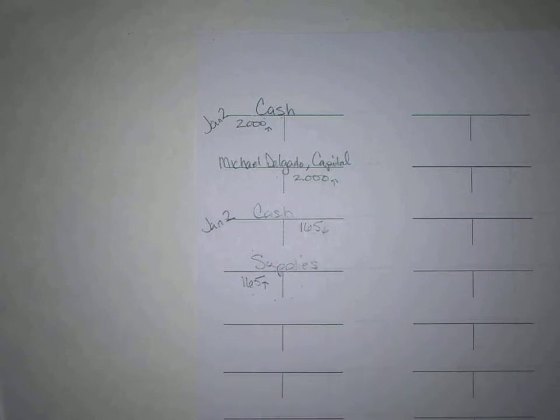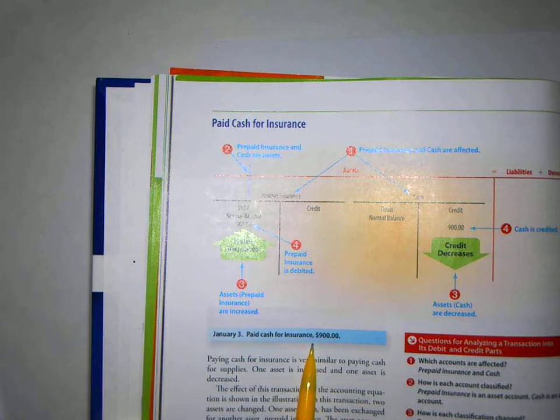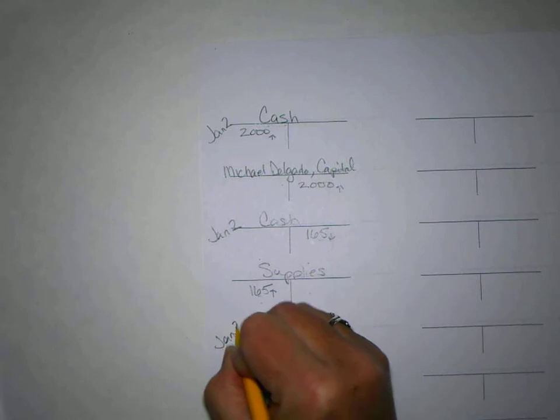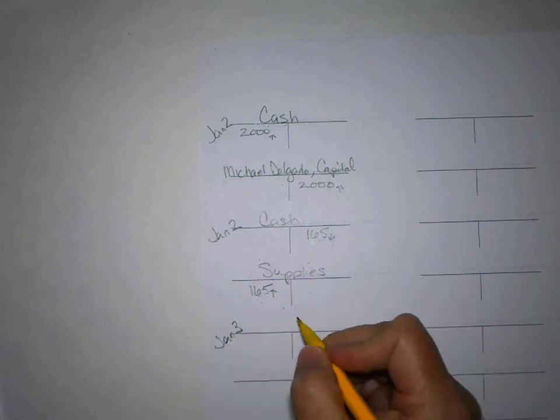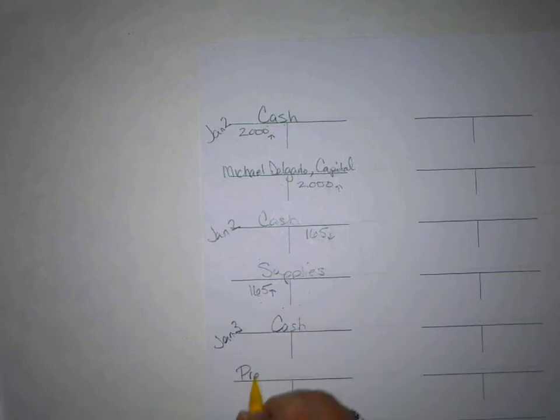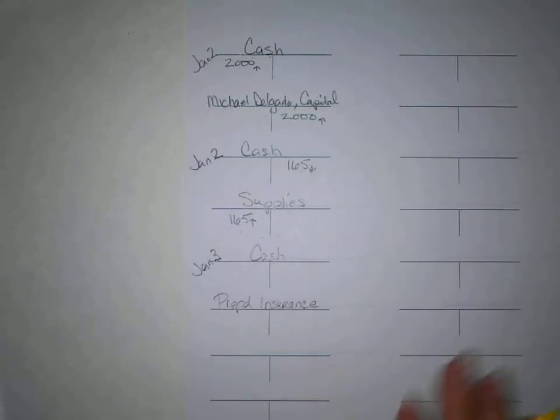Okay, next transaction, January 3rd, paid cash for insurance, $900. So what two accounts on January 3rd? Paid cash for insurance, so cash and prepaid insurance. Okay, knowing that that's the name of the account coming off of our chart of accounts, prepaid insurance.